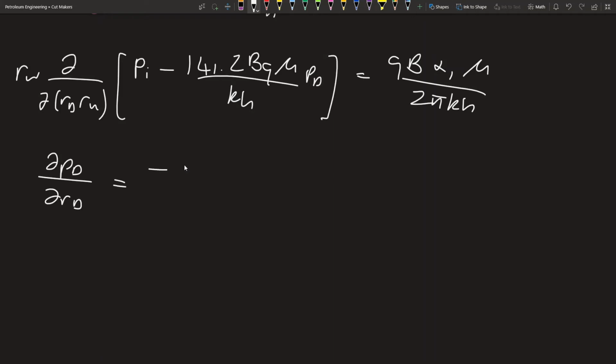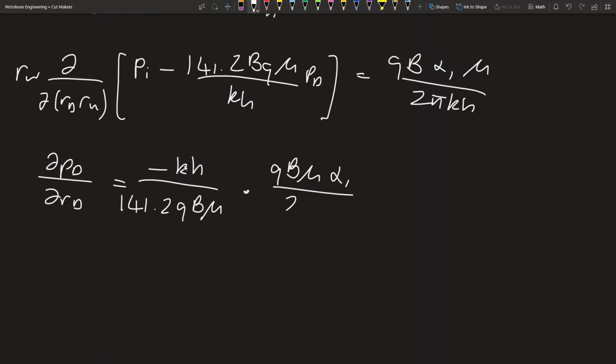is equal to negative KH over 141.2 QB mu multiplied by QB mu alpha 1 over 2 pi KH. And here we'll introduce the fact that alpha 1 is equal to 141.2 multiplied by 2 pi.